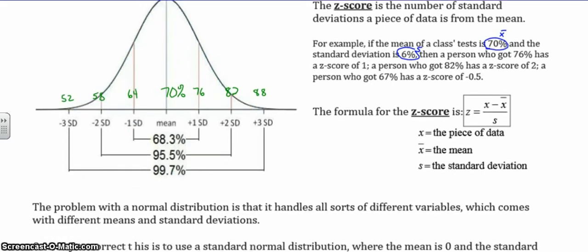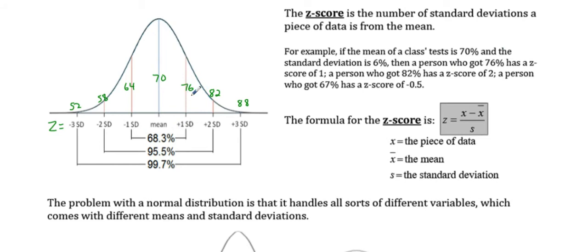There is no formula that we can use to determine the probability of a mark being, say, less than 76 or greater than 60 or equal to 74, things like that. But there is a way if we change the piece of data you're interested in into a z-score.